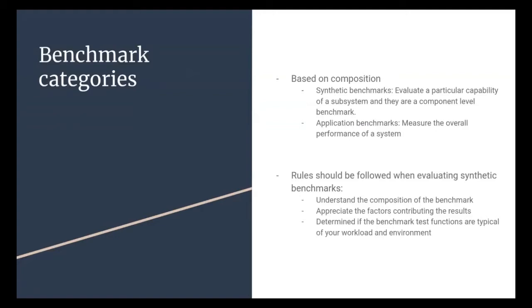Synthetic benchmarks evaluate a particular capability of a subsystem, which undergoes a component level benchmark, and application benchmarks measure the overall performance of the system. But we have to take into consideration some rules for synthetic benchmarks: understand the composition of the benchmark, appreciate the factors constructing the results, and determine if the benchmark functions are typical of your workload and environment.